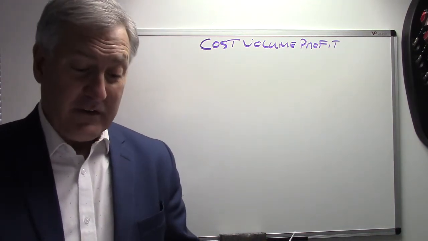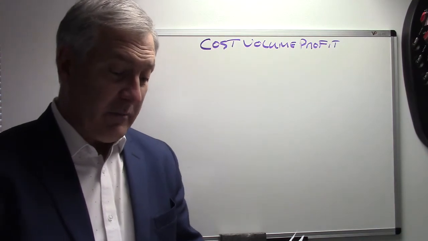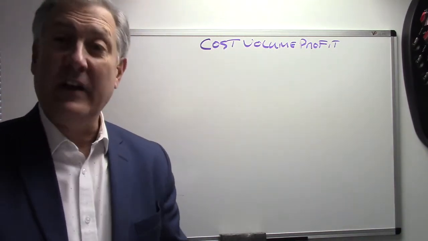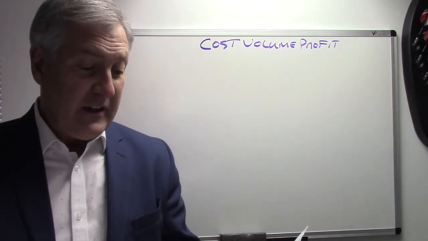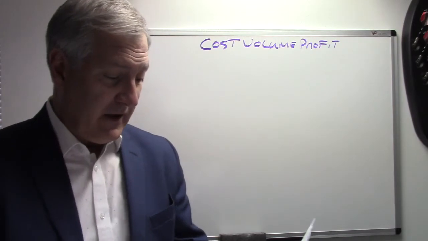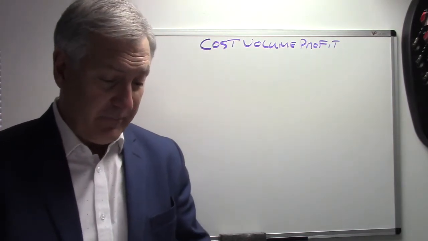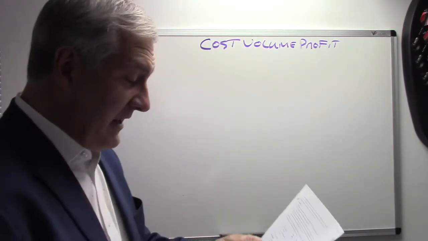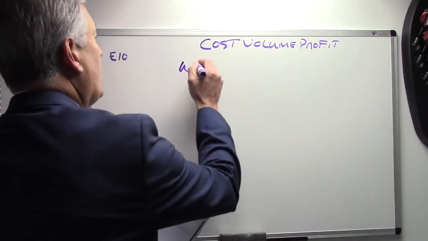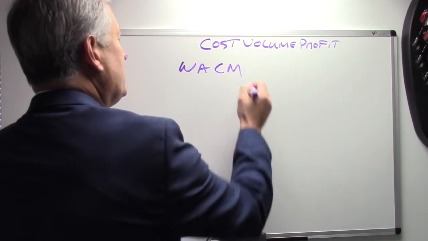And the MP3 division has a contribution margin in total dollars of $140,000 and sales of $400,000. The contribution margin percentage is 35%. Again, very straightforward. Now, item B is asking you for the weighted average contribution margin.